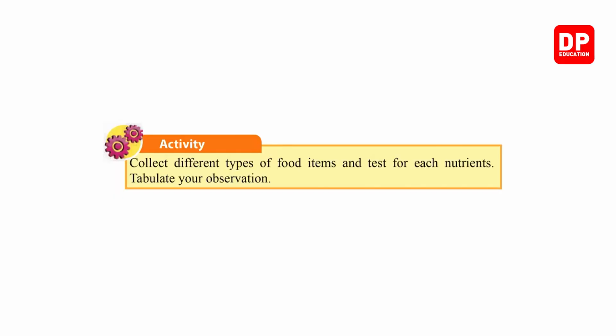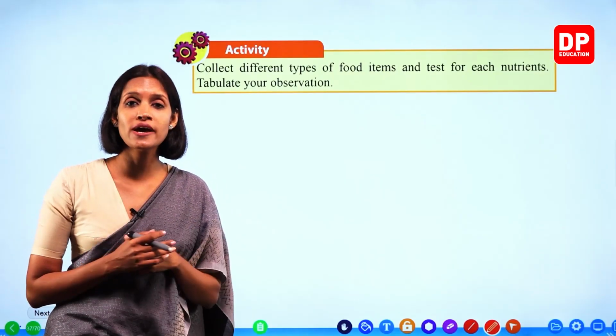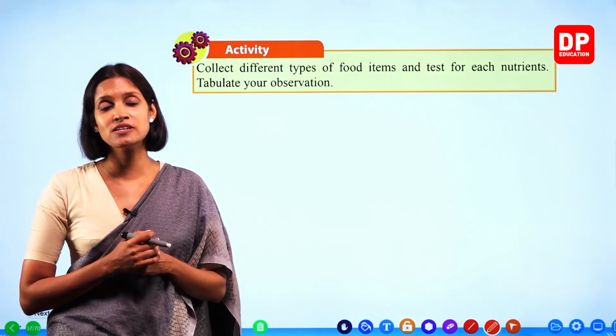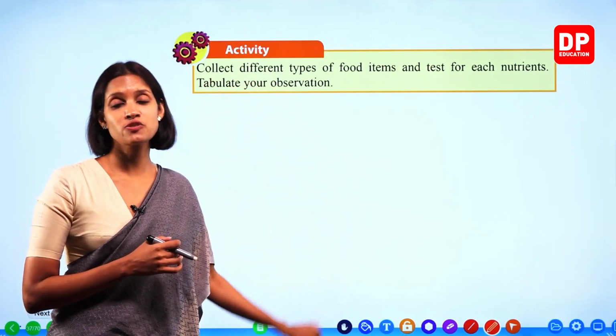We'll move on to the next activity. Collect different types of food items and test for each nutrient. Tabulate your observations. Now, in the school laboratory, you can do this as a group activity. Right? As a group, you can bring different food items and make solutions out of each food item and do those tests that we have discussed before.